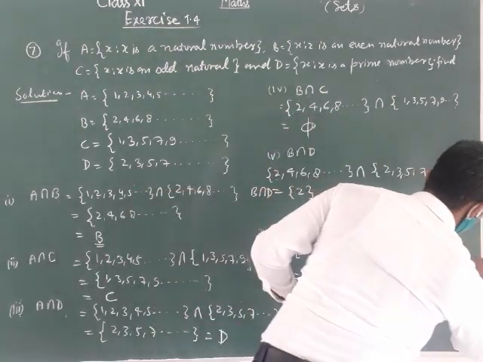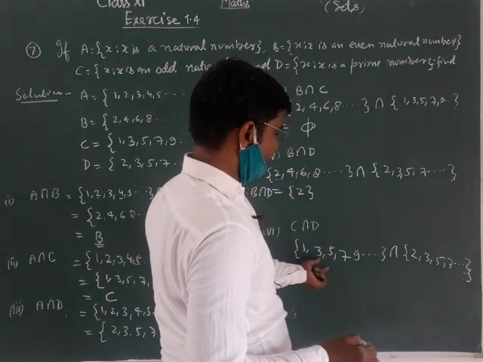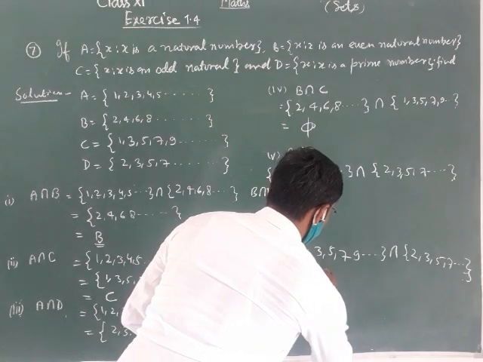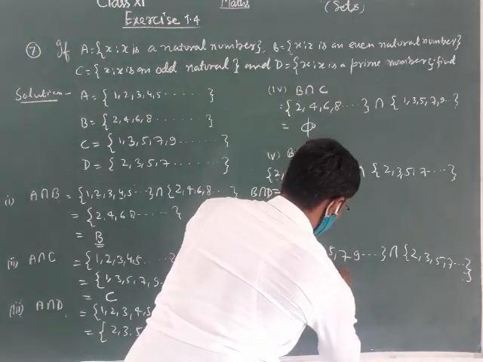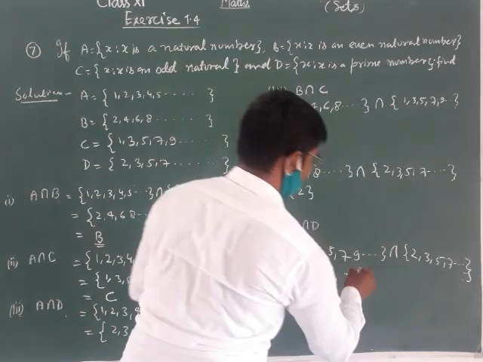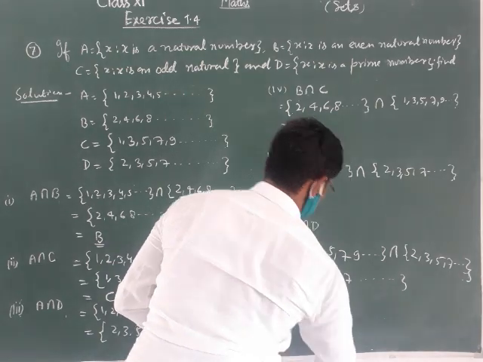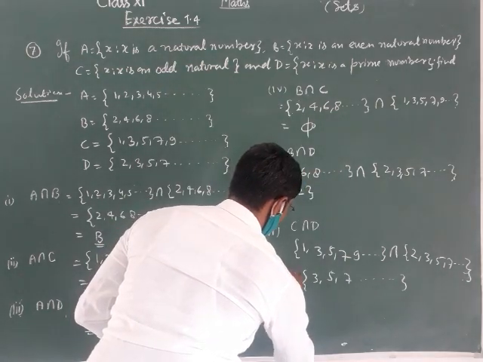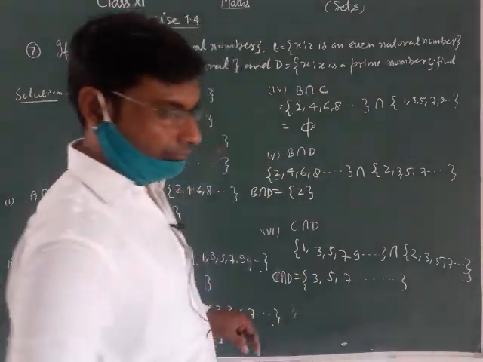So now only the common elements are taken, so 3, 5, 7 and so on. So this is C intersection D.